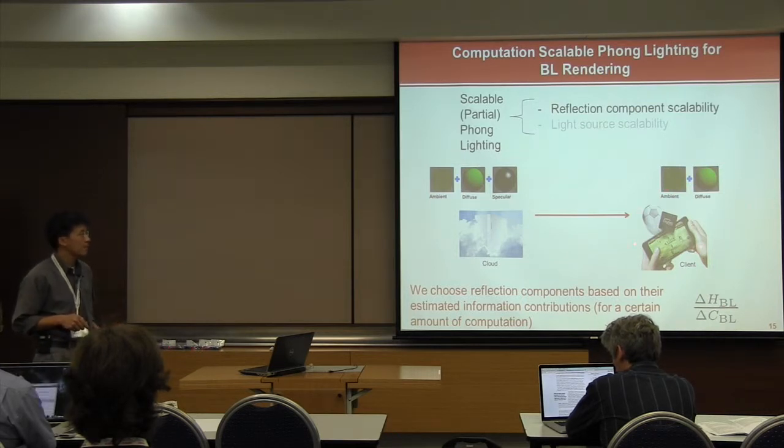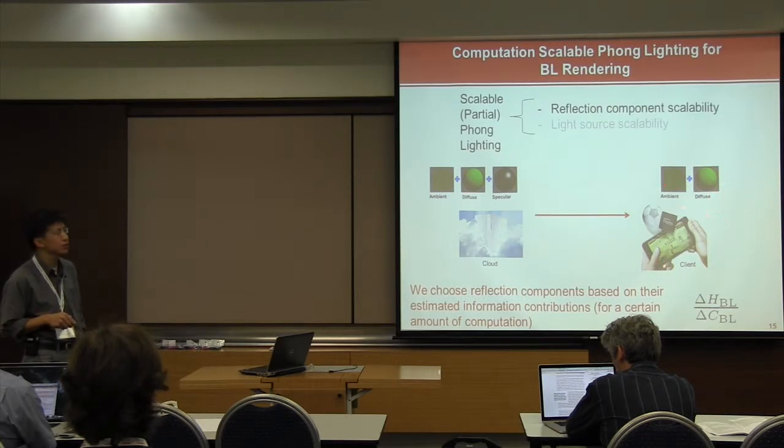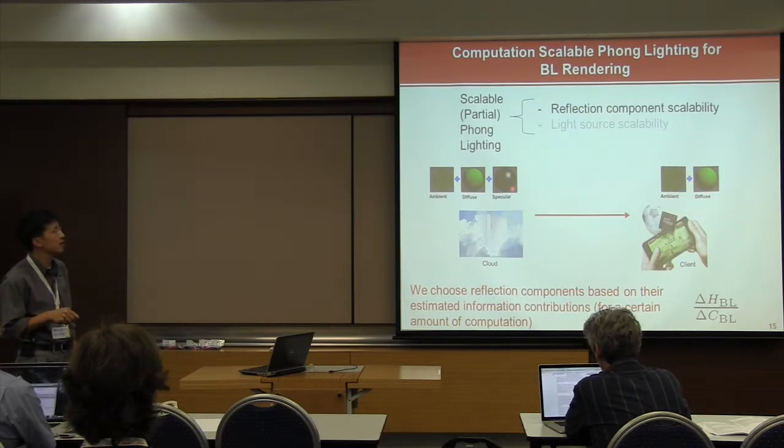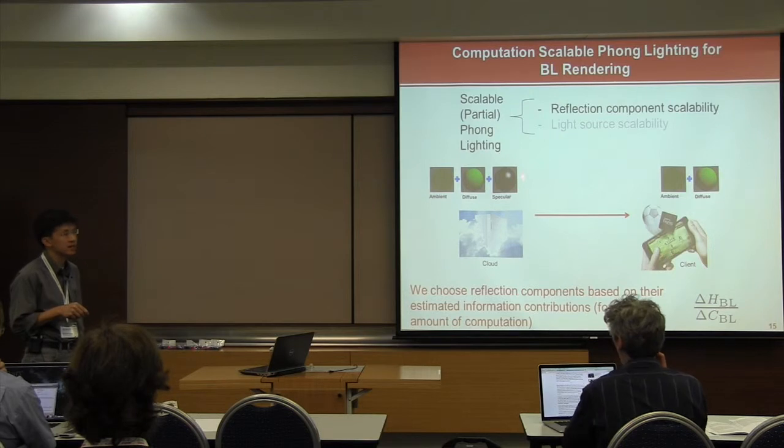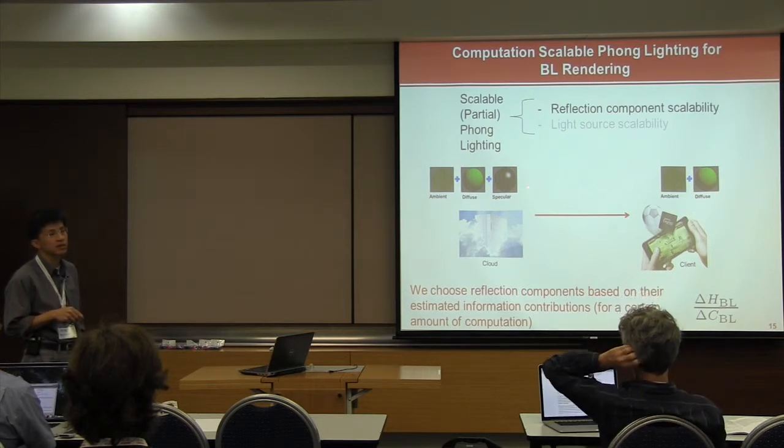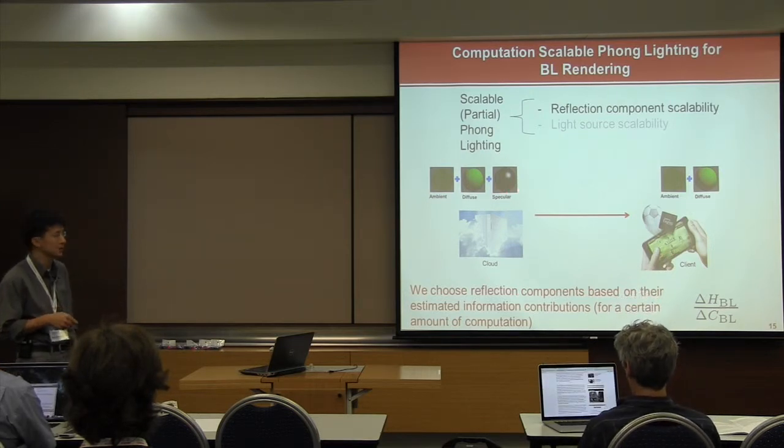In particular, we estimate the information contribution per computation for the different reflection components, and in the base layer rendering we only choose those that have significant contribution. For those that are not included in the base layer rendering, the information is communicated by the enhancement layer.